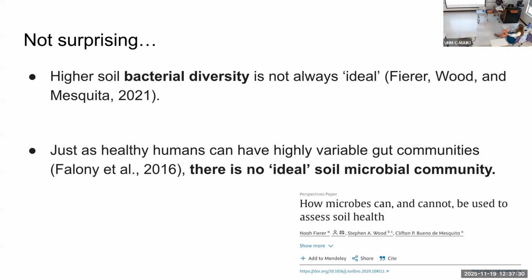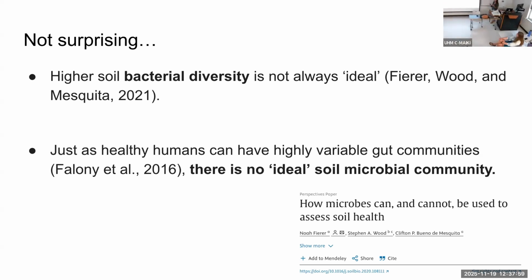The same way we could have a higher diversity of what can be considered beneficial bacteria, we could also have a diversity of potential pathogens for plants, for example. And we don't want that. Also, just as human beings have different gut microbial communities but can still be healthy people, for the soil it's the same thing.